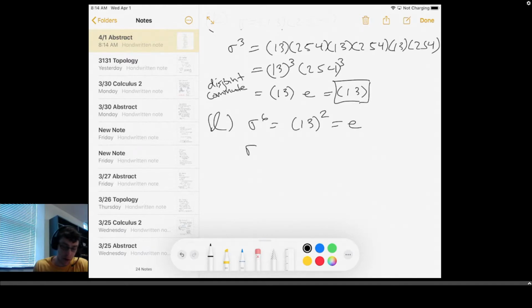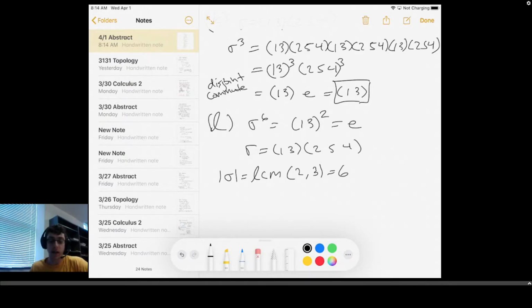So if you look at sigma, you've got a 2 cycle and a 3 cycle, and so you would look for the order to be the LCM of 2 and 3, which is 6, and this happens to be true. So we just showed the 6th power gets you the identity, and if you wanted to do a little work, you could show that none of the previous powers were the identity.